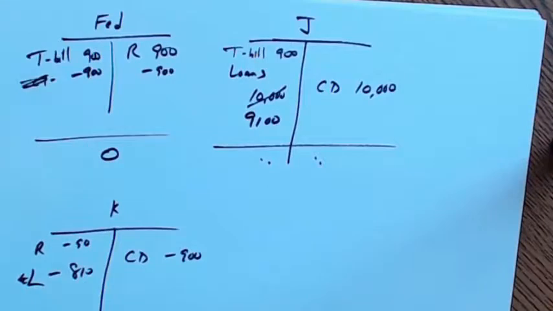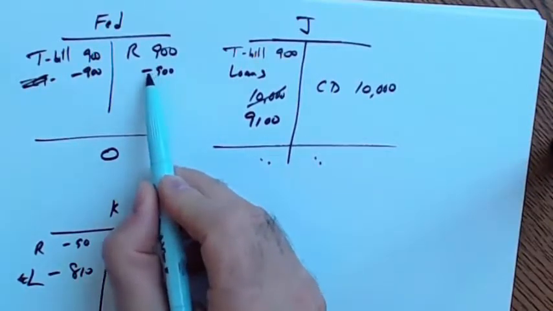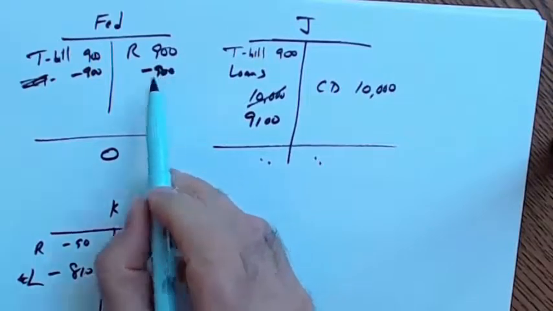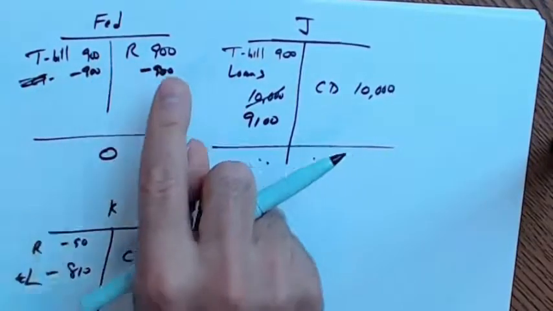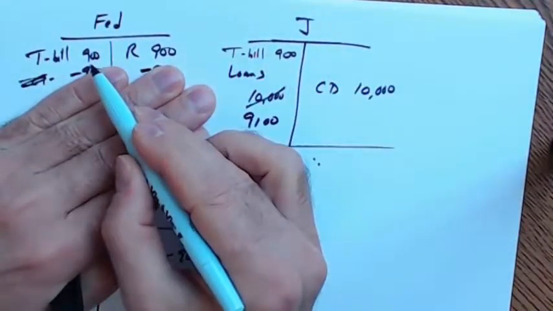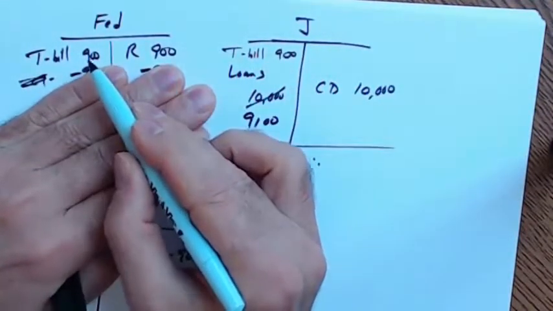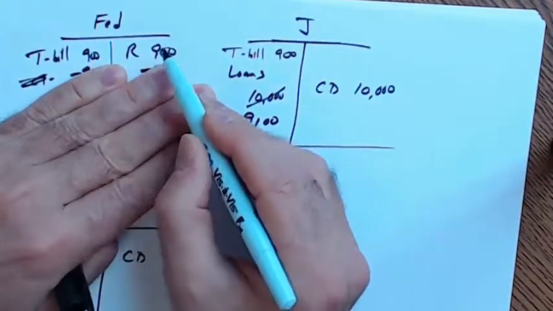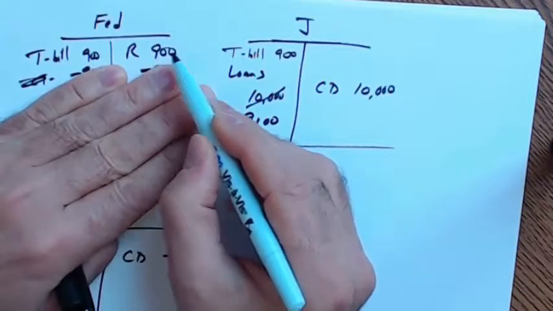And by the way, you might ask, where did this minus 900 come from, and how does that work? Well, remember, back here, the Fed owned the T-bill because at one point it bought a treasury bill, so treasury bills on the asset side of its balance sheet, and it credited reserves for some bank.